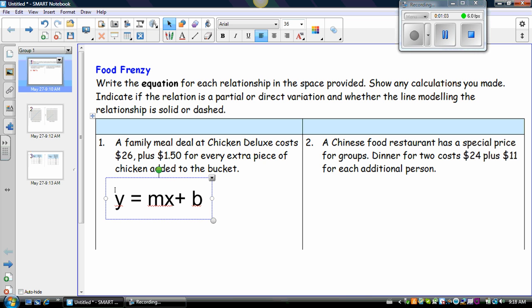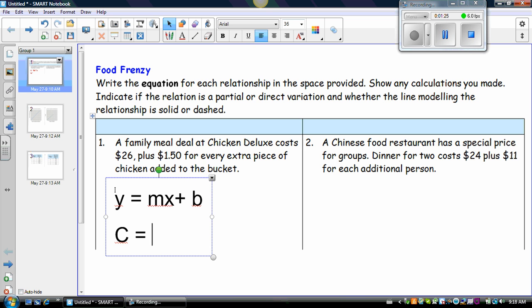Now, our y variable is our dependent variable. In this case, our dependent variable is the cost. So I'm going to represent cost of the meal deal with C. M represents our slope, or our rate of change.